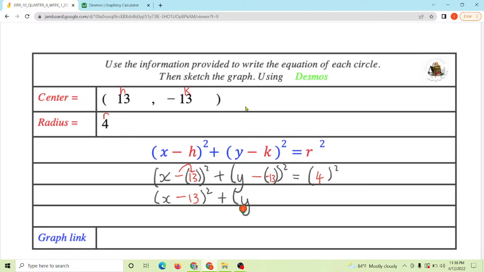Y, and this is why it's so important to actually put your brackets, because if these values are negative, it's imperative that you put your brackets just to show your work, how the signs change. And that's basically what I'm doing right now.